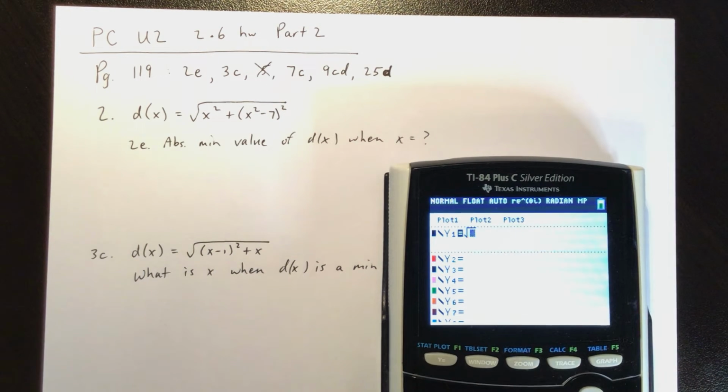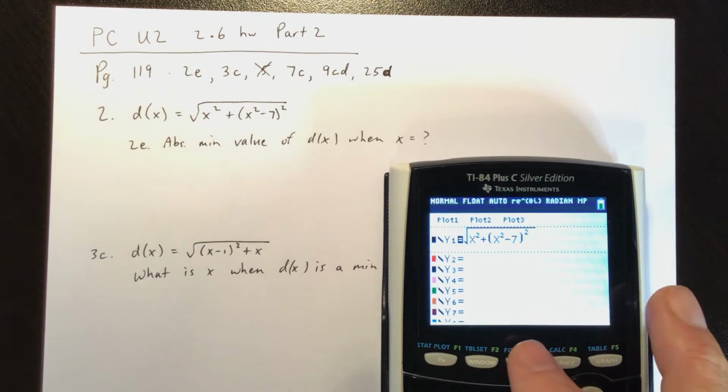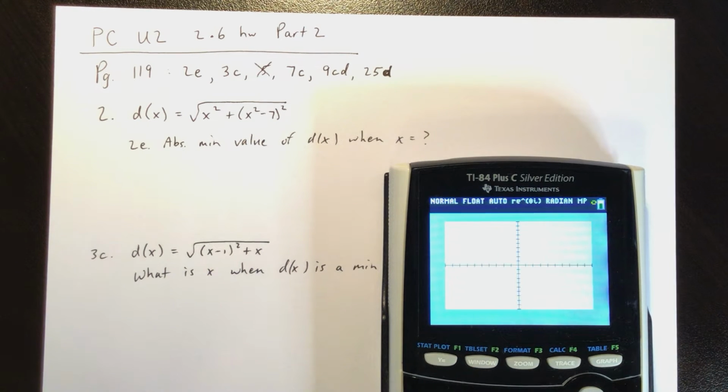You can use Desmos as well, and you just want to type in the function x squared plus (x squared minus 7) quantity squared. So that's our function, and on a graphing calculator you can try zoom 6 to get the standard viewing window, and in Desmos you can just zoom out so you can see the graph.